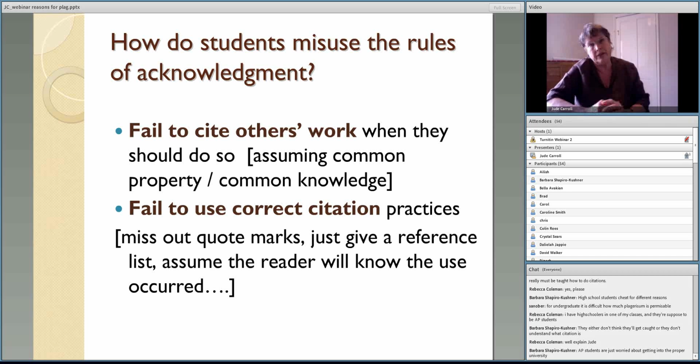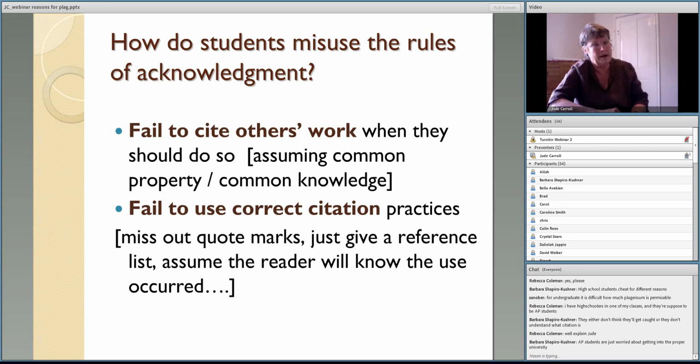They fail to use correct citation practices. And here I really need a word of warning, because one of the things that makes me saddest as I travel around the world talking to people about this is people's obsession with the formatting of citations. That's not what I'm talking about. I'm not talking about them misusing correct citation practices at the level of formatting.